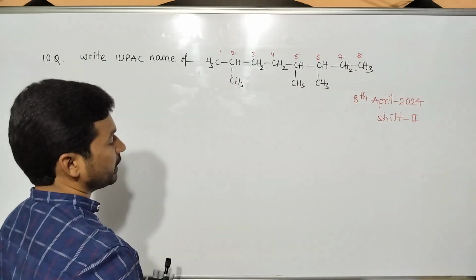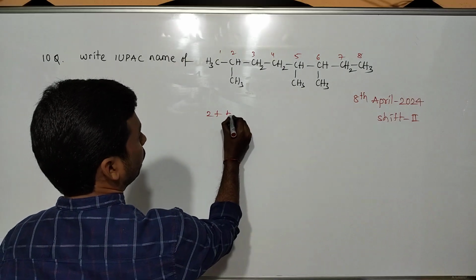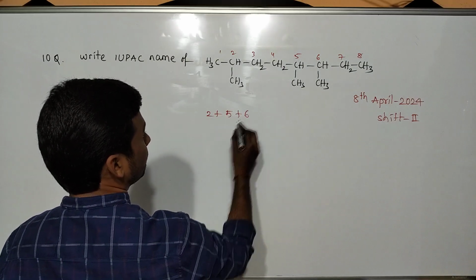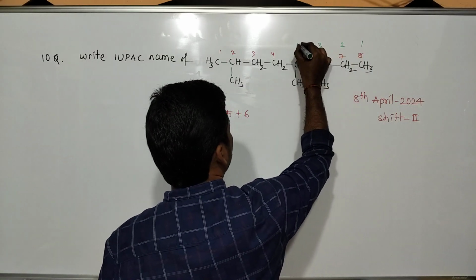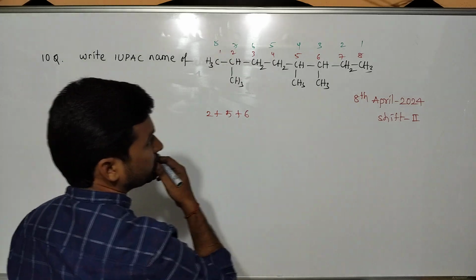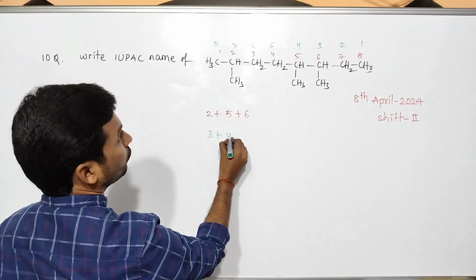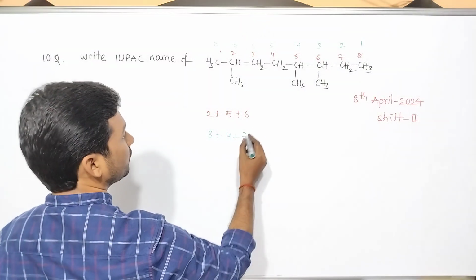The first point of difference is on the second carbon, then the fifth carbon and sixth carbon, substituents. If you give numbers from right to left, 1, 2, 3, 4, 5, 6, 7, 8, the substituents are on the third carbon, fourth carbon and seventh carbon.